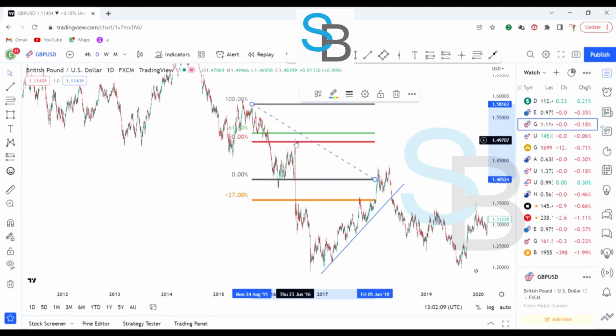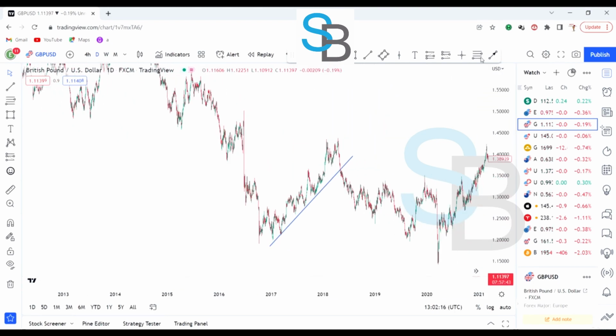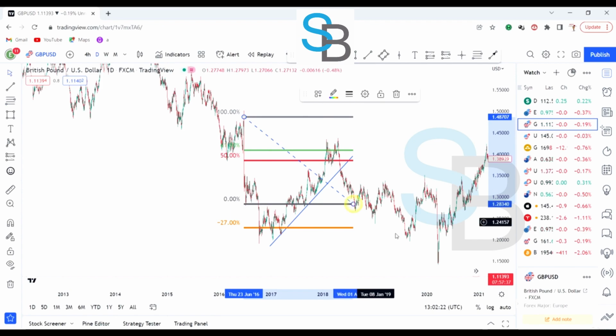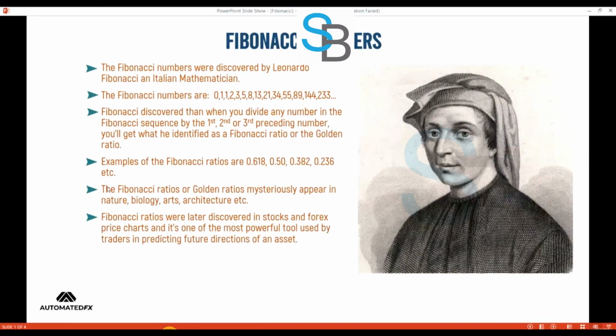Then we see that the market came to this point, which is 50%, and continued selling. So all the examples we've seen so far have worked out perfectly. Okay, like this, and here this will be a 38 point.